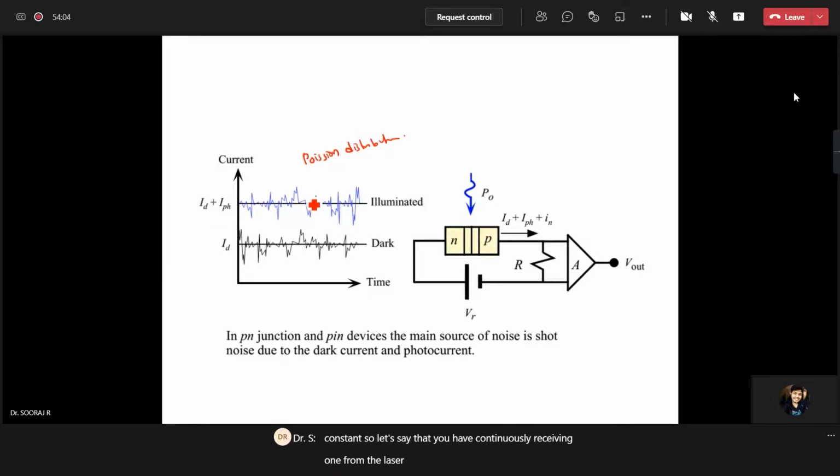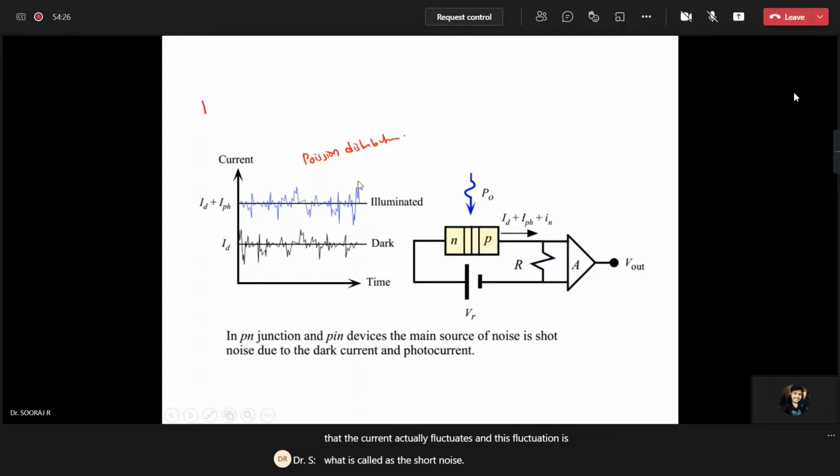It's continuously transmitting 1. The bit is always 1. Let's assume that. In that case, ideally you would expect that the photocurrent generated by the photodiode is a constant. However, that does not happen. You would see that the current actually fluctuates, and this fluctuation is what is called shot noise.